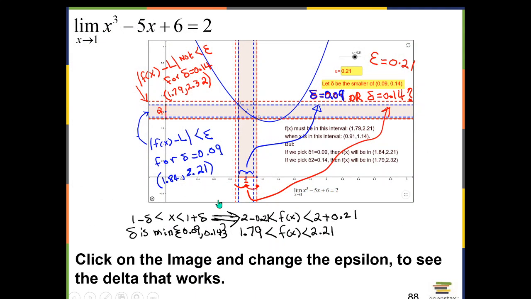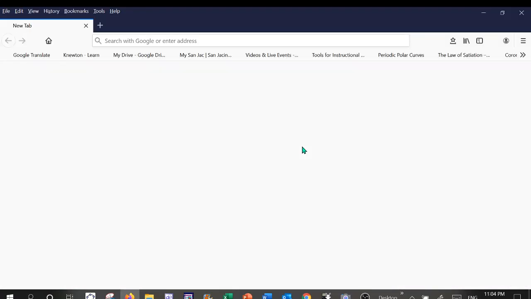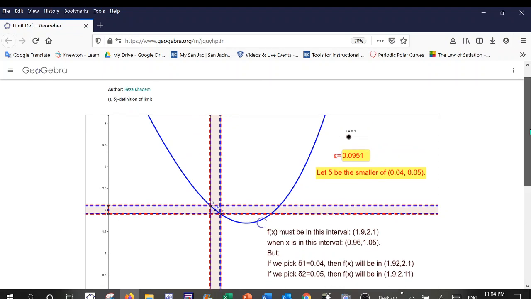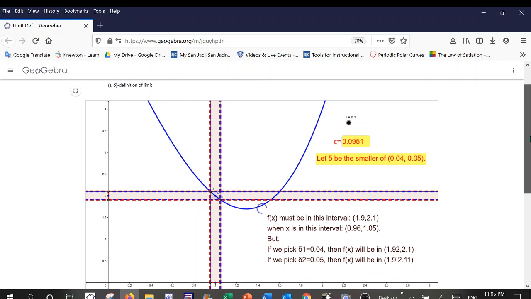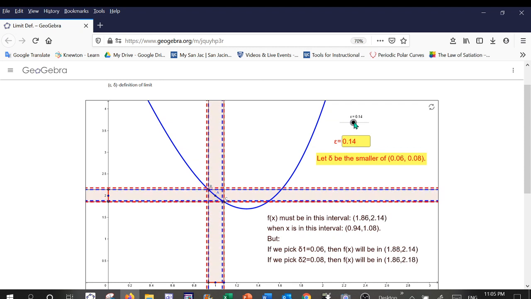Now here is the same problem, but I want to take you to this animation, and you can see. Let me show you. There you go. So again, I use the GeoGebra to do this. And now here are different values of epsilon.